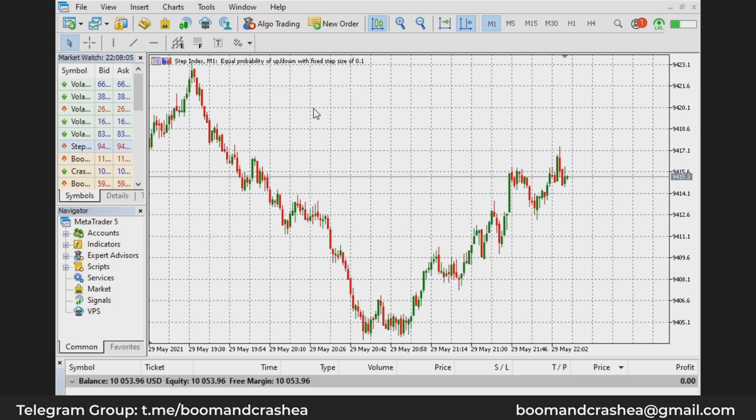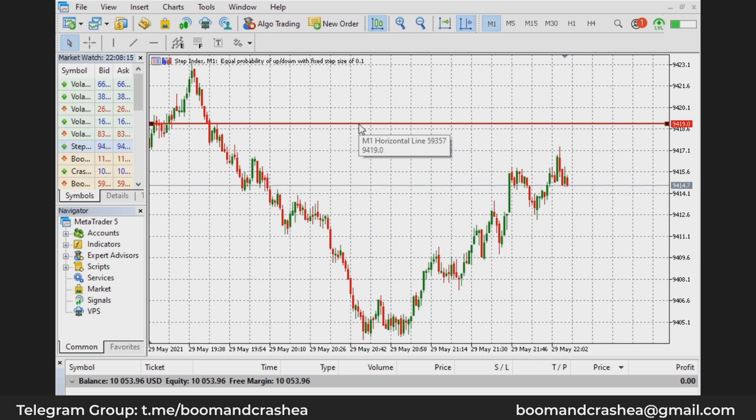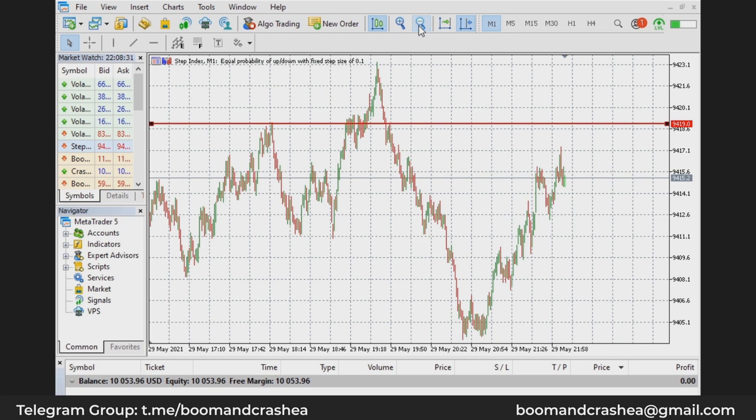So what do these types of trend lines do? The horizontal one, which is this, identifies support and resistance. What is support and what is resistance? The support is the price level at which the price of an asset doesn't move below.